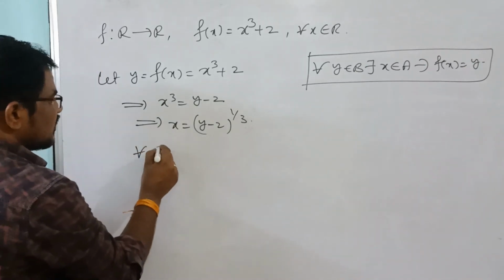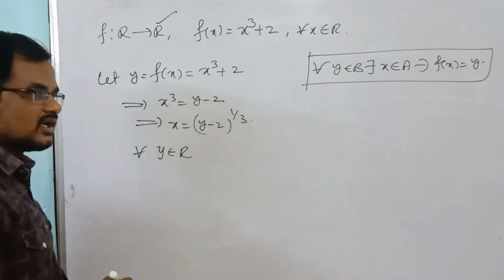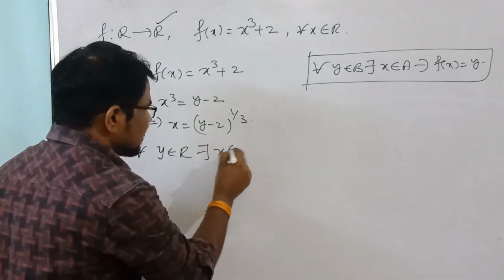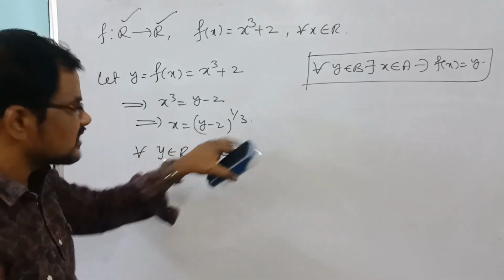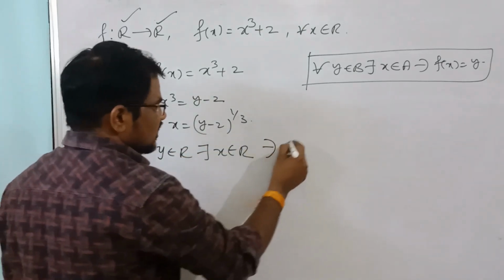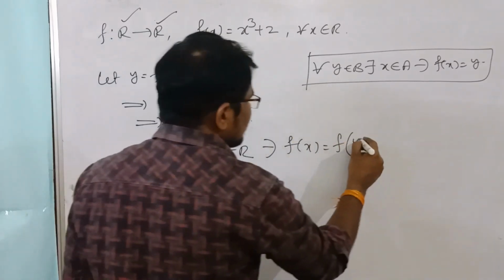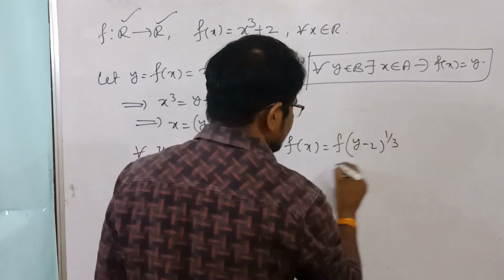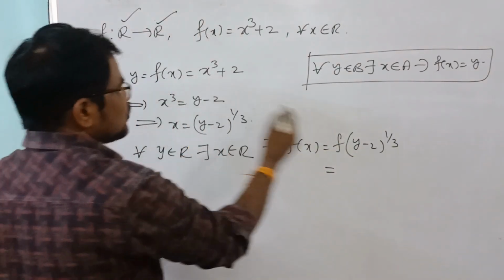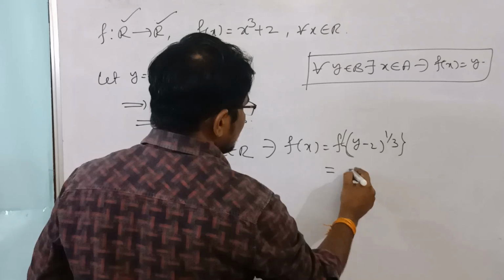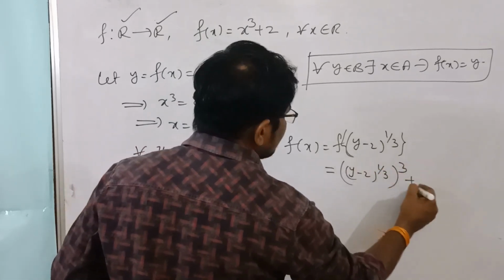So here for all y belongs to real numbers, there exists x belongs to real numbers or not. You take in place of y any real number, x is also a real number, such that f of x, where x is (y minus 2) whole to the power of 1 by 3. Replace x here by (y minus 2) to the power of 1 by 3. Now ((y minus 2) to the power of 1 by 3) whole cube plus 2.